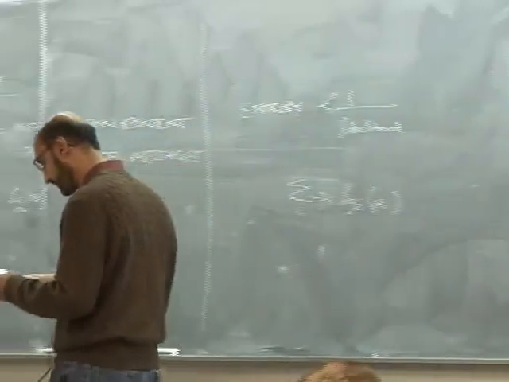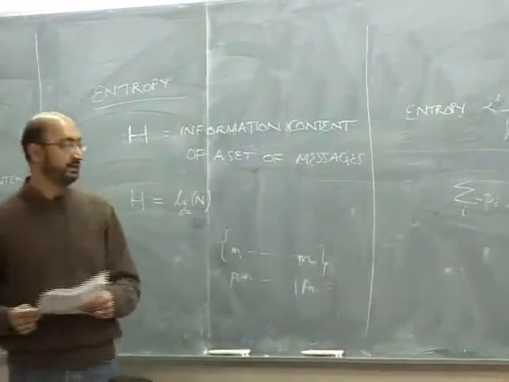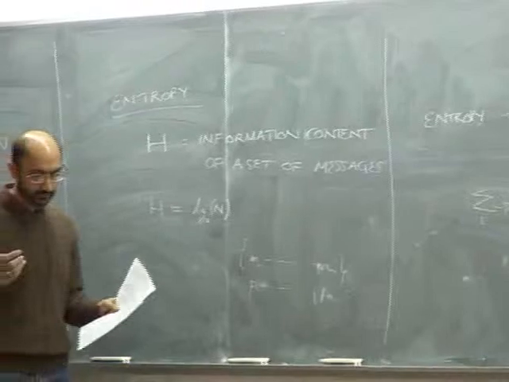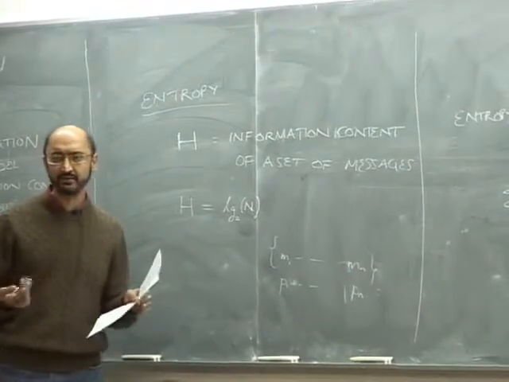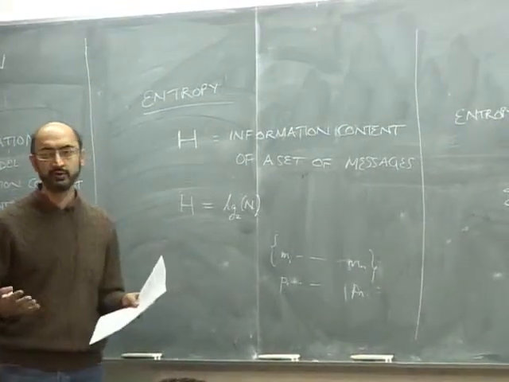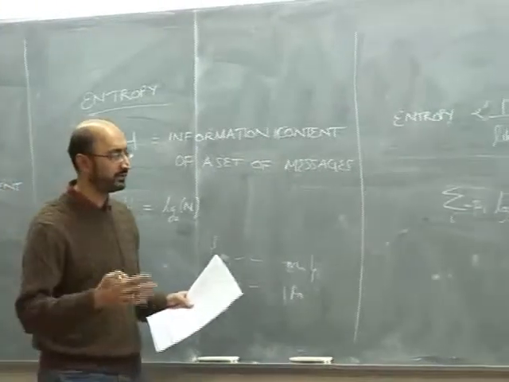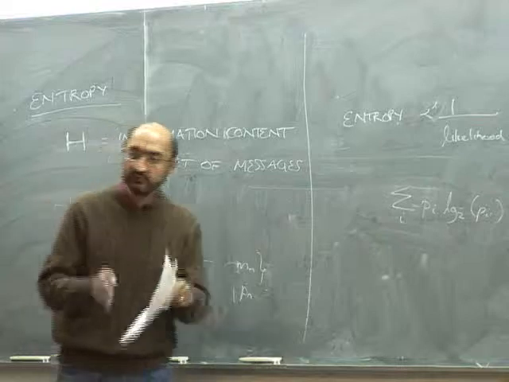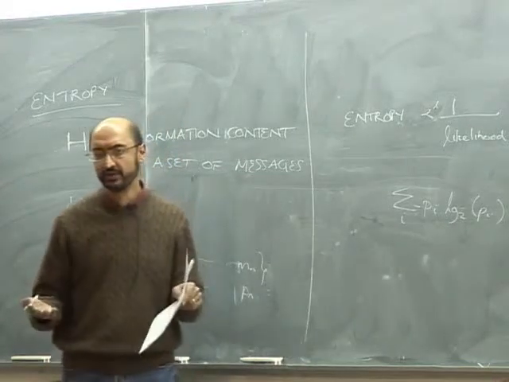Okay, and we are basically saying over here that the probability of the message in some sense corresponds to the number of messages. Okay, we're kind of taking the individual message over here as opposed to the number of messages.